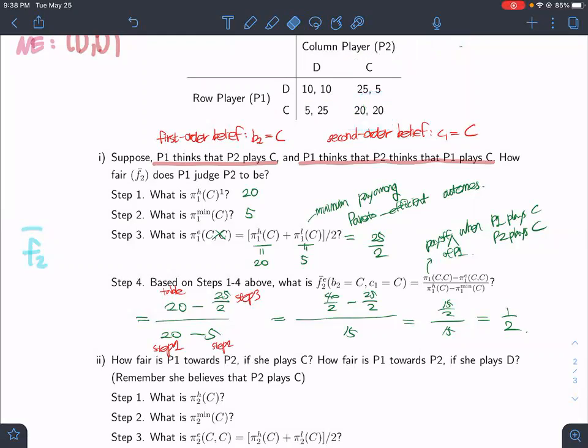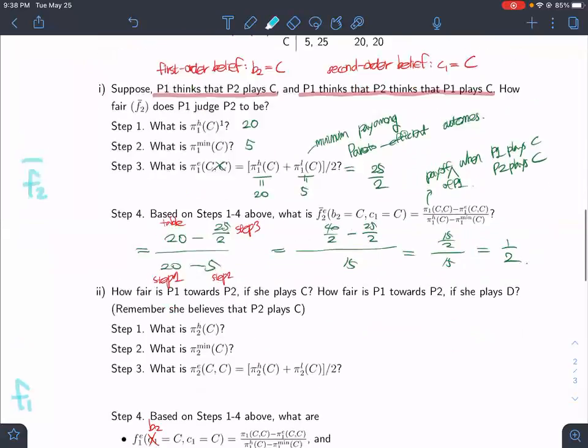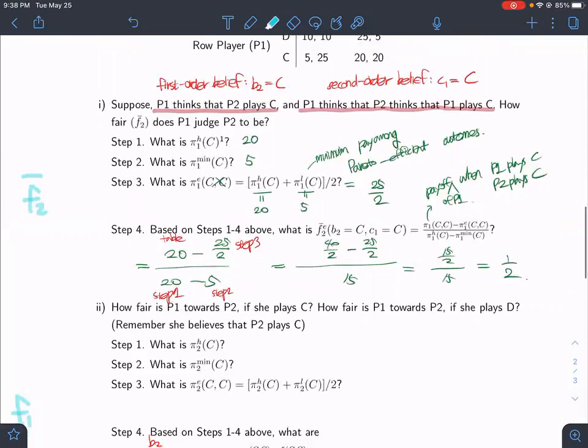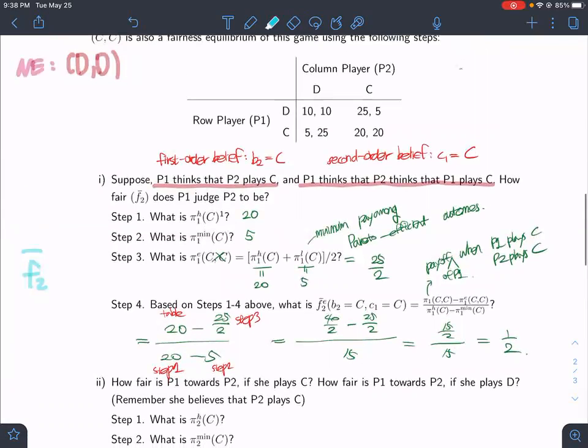We now fix player one's actions. I'm sorry, we are fixing player two's actions, which is C. And based on what I choose, player two will think about how fair I am.